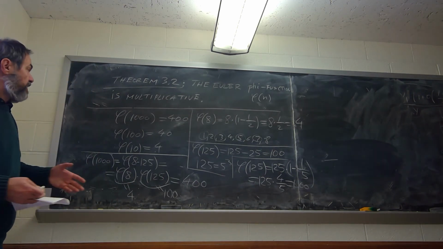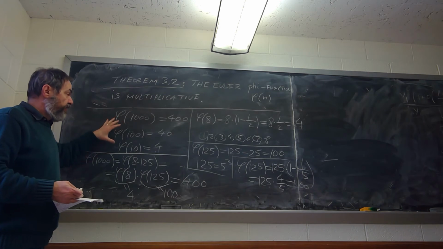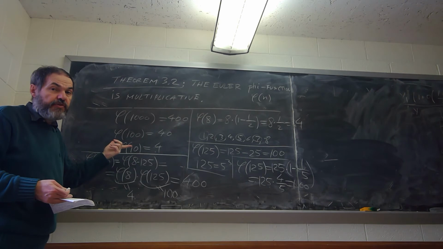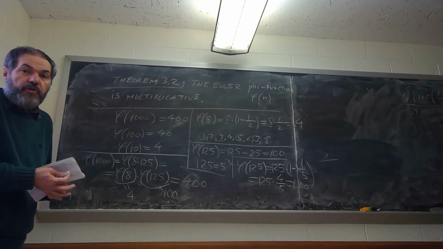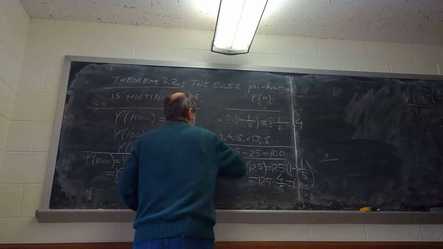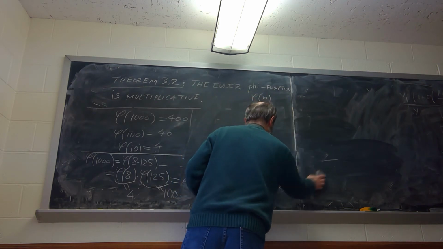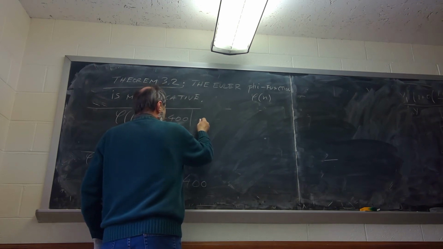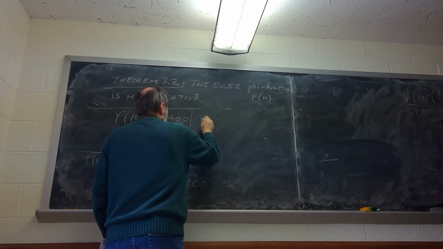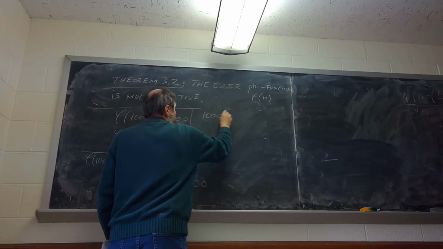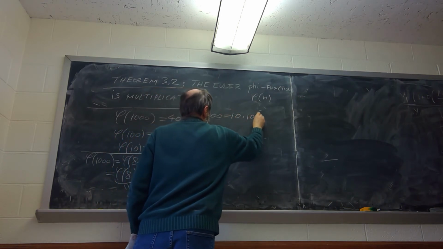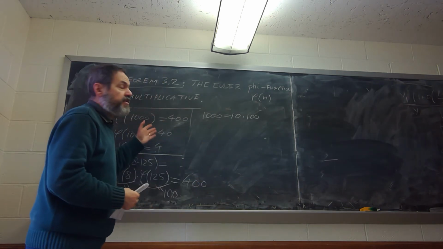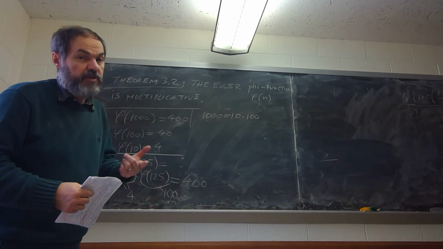However, if I try to do it this way, if I say, oh, 1,000 is also equal to 10 times 100, I'm getting the wrong answer. Indeed, 1,000 is equal to 10 times 100, but the two numbers are not relatively prime. The theorem doesn't tell us that the function is completely multiplicative.